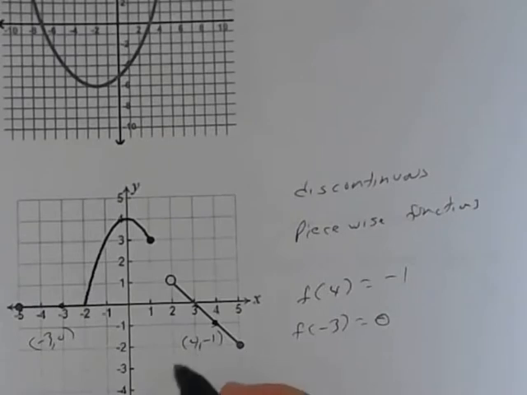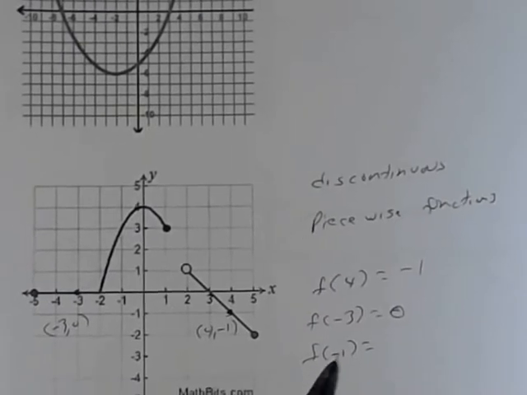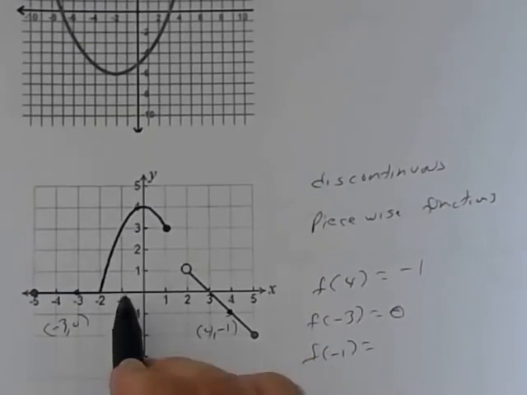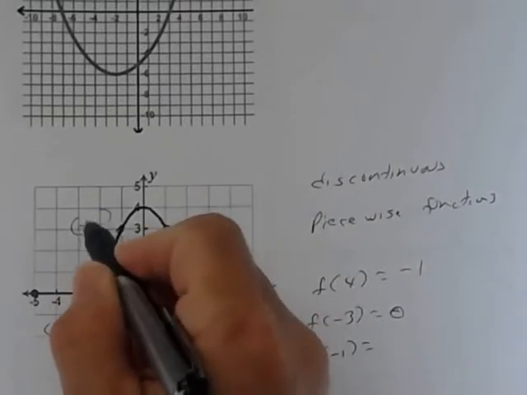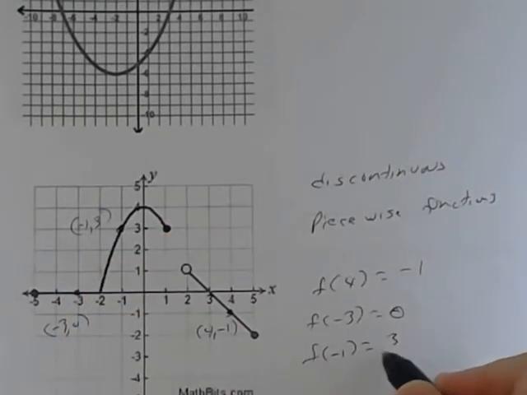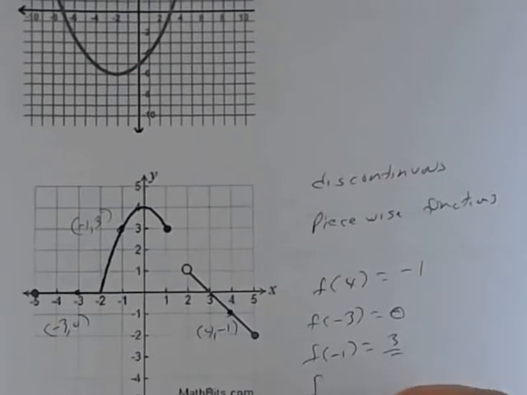All right, what is f of -1? So remember how we do this. This means what's the y value when x is -1. If you look at the point on the graph, what's that y value? 3, y'all agree? Okay. What is f of 0?